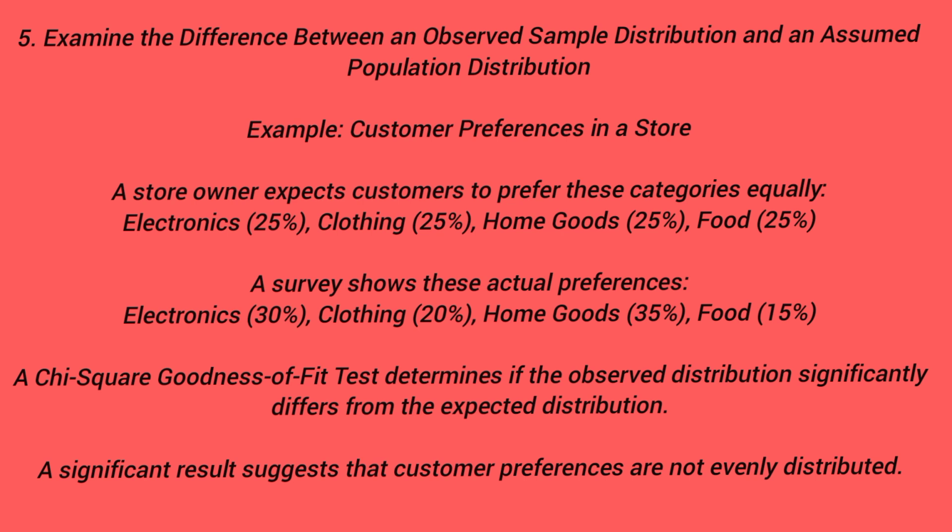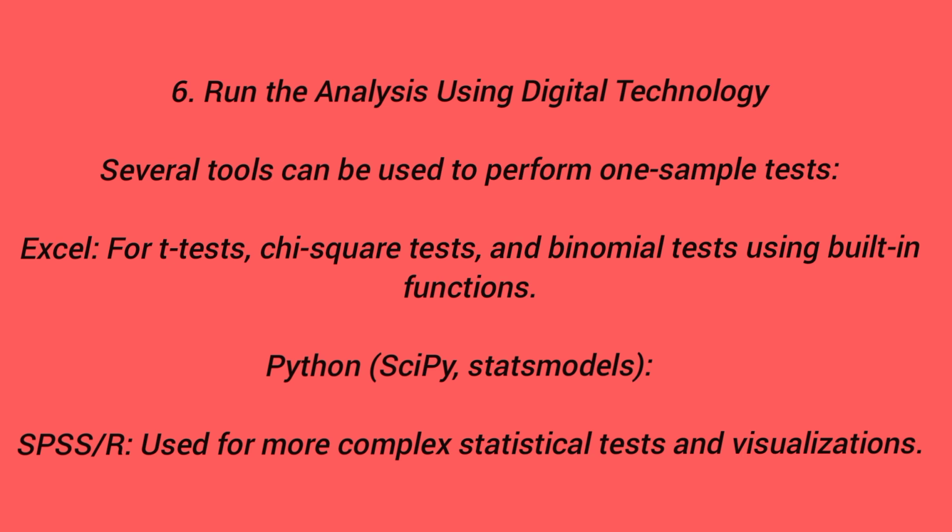A survey showed these actual preferences: electronics 30%, clothing 20%, home goods 35%, and food 15%. A chi-square goodness of fit test determines if the observed distribution significantly differs from the expected distribution. A significant result suggests that customer preferences are not evenly distributed.